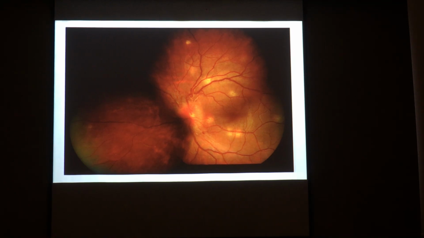You might see some, but they would not be localized over a particular lesion. Moreover, the retinal vessels are crossing over these lesions very nicely. There is no obscuration of the retinal vessels by these lesions, for obvious reasons, because these lesions are lying in the choroid. Is that right? Clear? Any question on that?